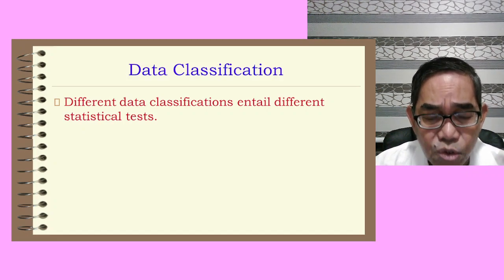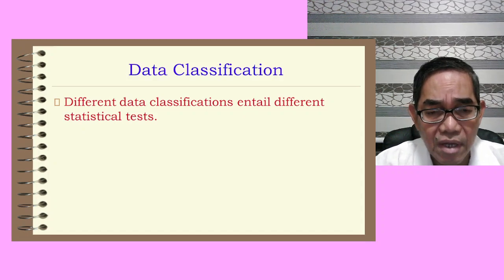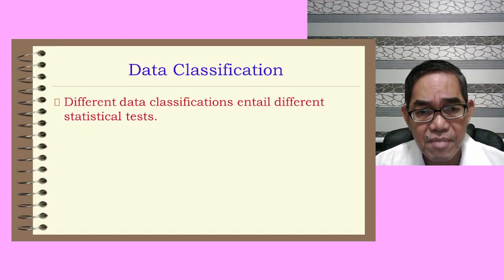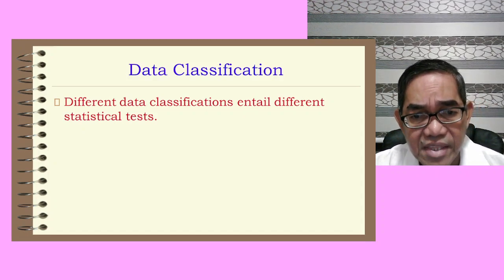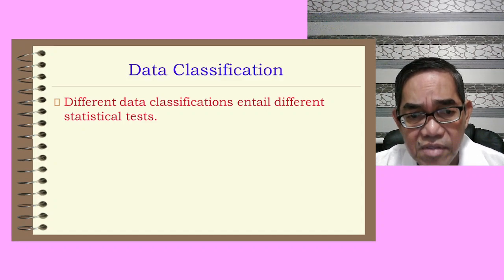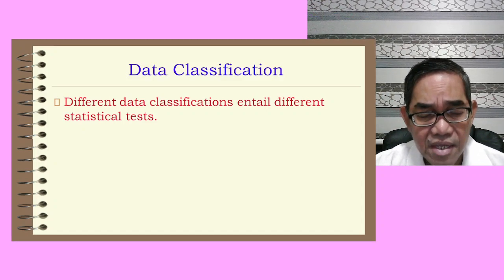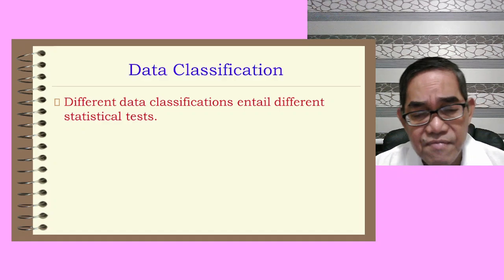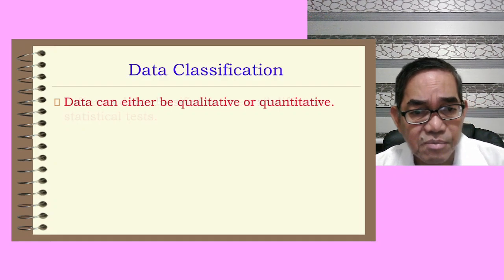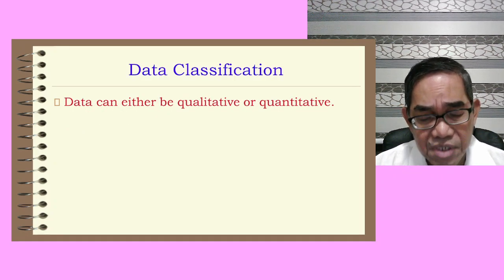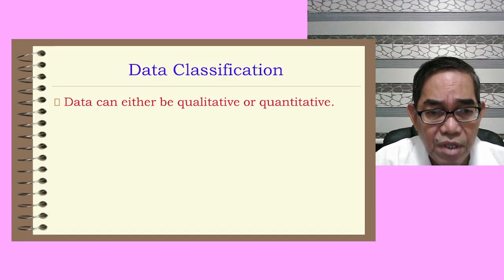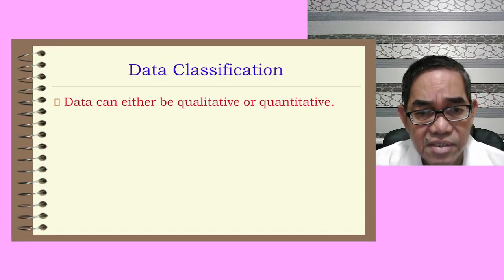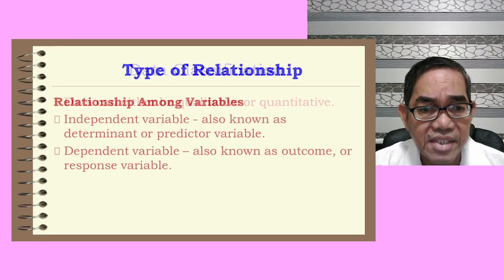So we need to know what the classification of data is, because as we said, different data classifications entail different statistical tests, and we have discussed to you the different data classifications. Now, with data, just a little review, we know that data are classified as either qualitative or quantitative.